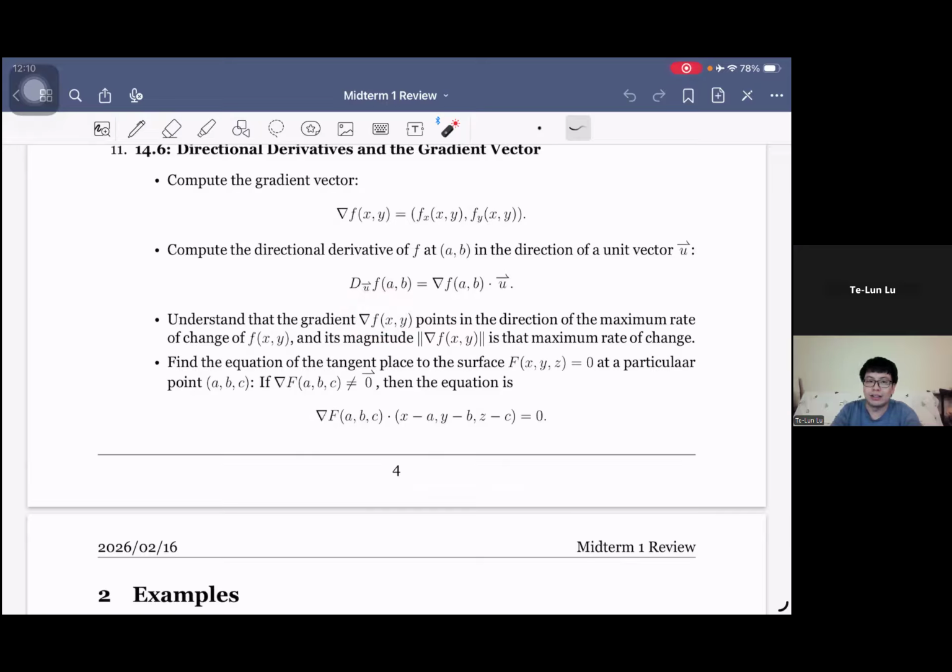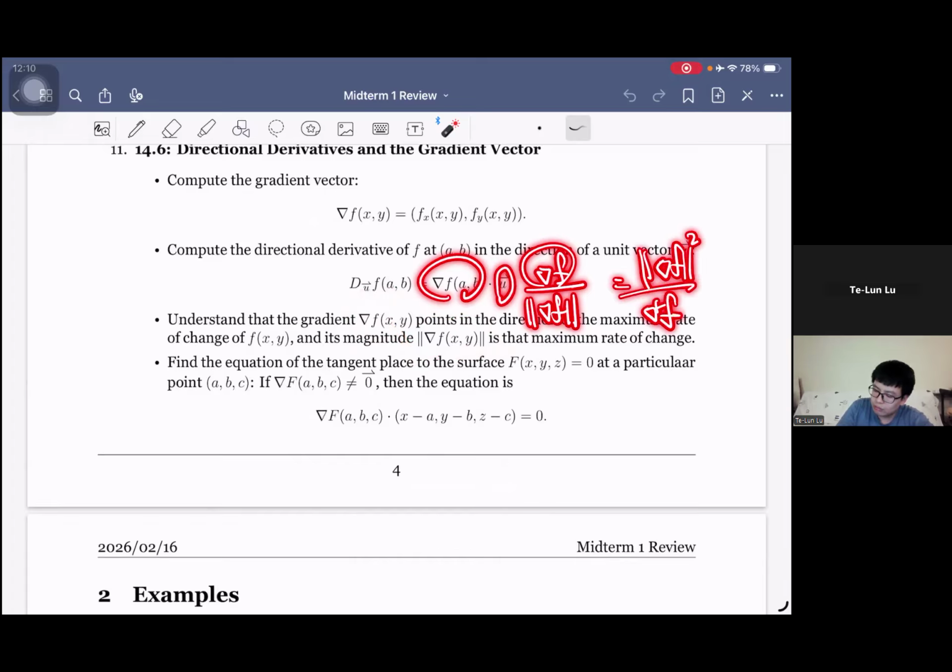And the maximum rate is the magnitude of the gradient vector. Okay, that is because the u here will be nabla f divided by its magnitude, right? However, nabla f dot nabla f is the magnitude of nabla f squared, and so it reduces to the magnitude of nabla f.